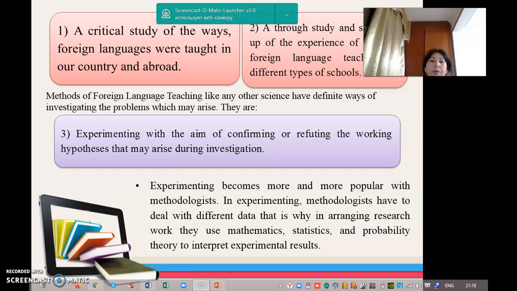Experimenting becomes more and more popular with methodologists, and experimental methodologists have to deal with different data. That is why, in arranging research work, they use mathematics, statistics, and probability theory to interpret experimental results.